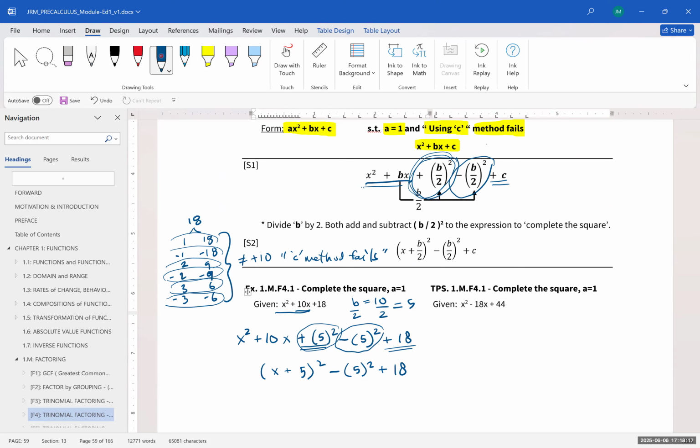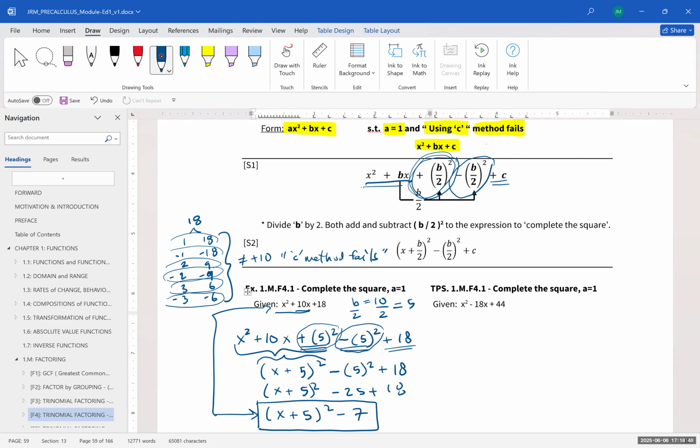So by adding this 5 squared and subtracting this 5 squared, we've created a perfect square trinomial. Now we just need to simplify this a little bit more. This is going to be negative 25 plus 18, so we're going to have x plus 5 squared minus 7. This is the completed square form of this original trinomial.